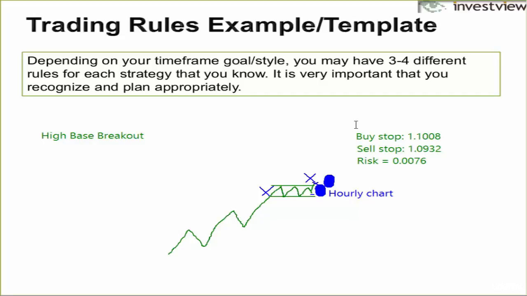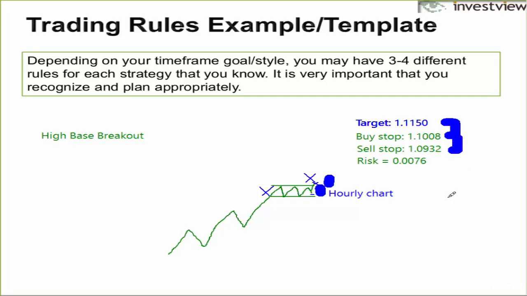So we're calling our target up here. We'll call our target price 150 pips above 110, which would put it up there at 111.50. So what's our potential reward? Well, the difference between your target and your entry price is your reward, just as the difference between your entry price and your stop loss is your potential risk.